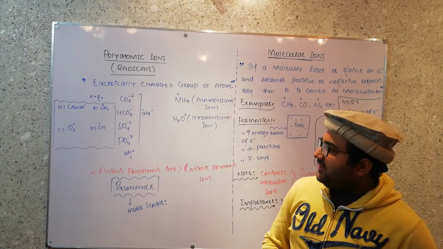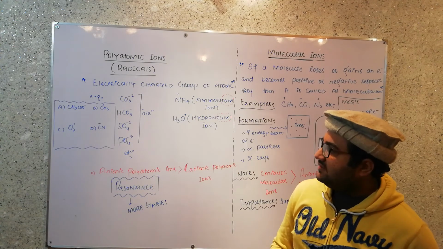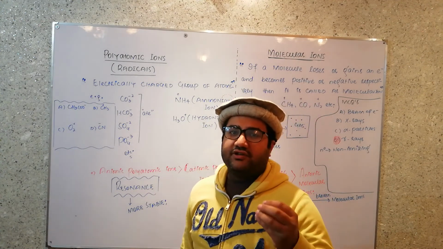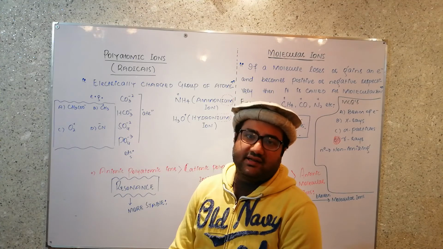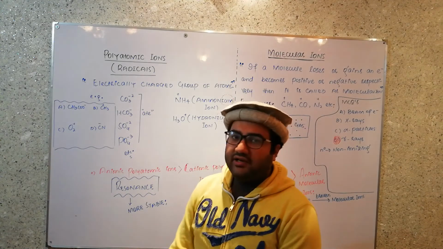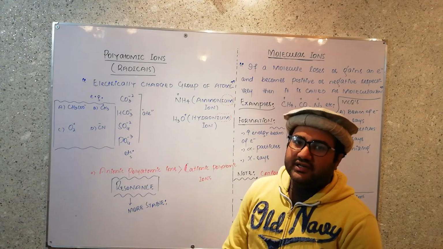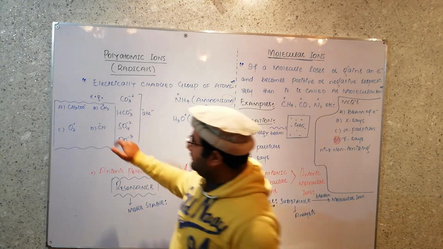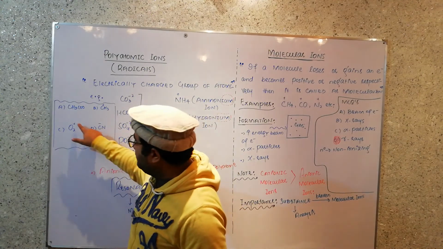Which of the following is a molecular ion? This is an area where students are often confused about how to check which one is the polyatomic ion or radical and which one is the molecular ion. Let me tell you a very simple story. If you want to decide which one is the molecular ion, remove the charge, just for an instance.